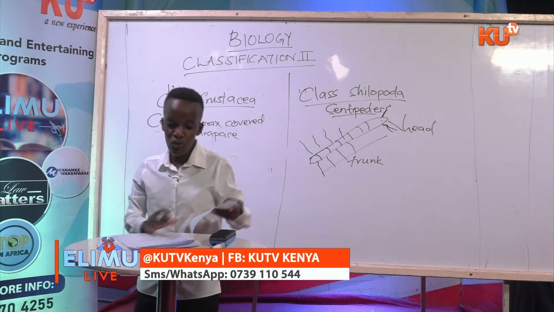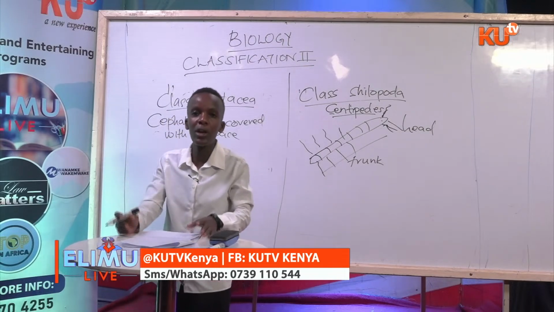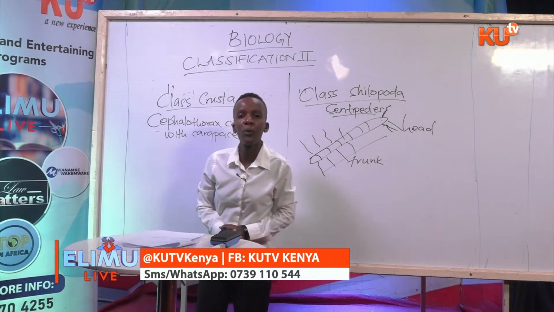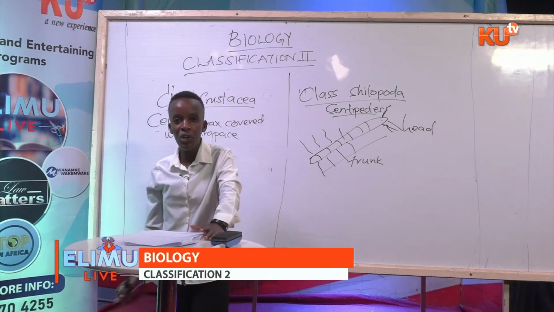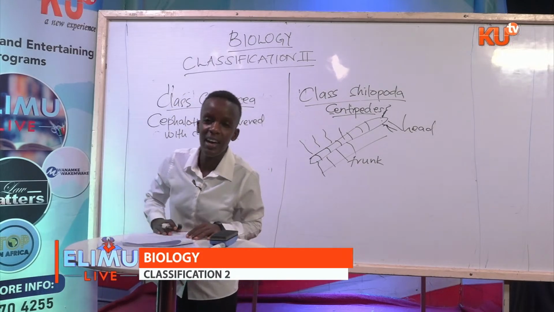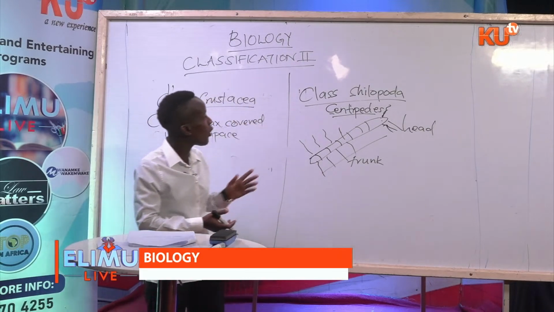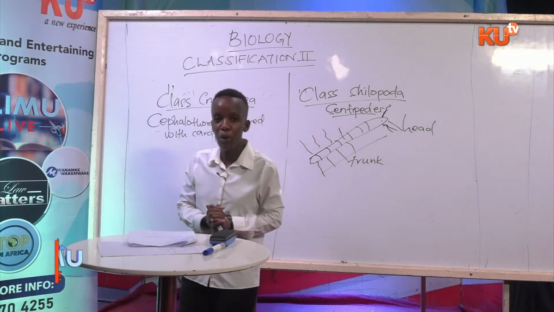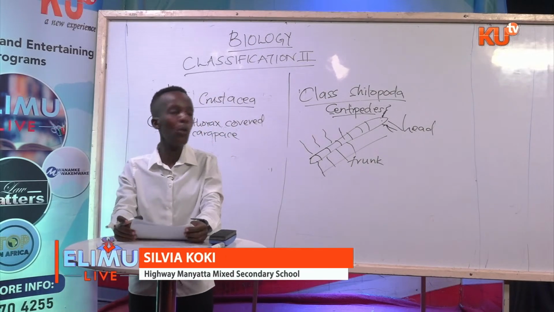Now, let's go to another key class under Phylum Arthropoda. Remember, learners, we said that we are going to look at all the classes under Phylum Arthropoda, in which we have already mentioned a couple of them, starting with class Arachnida, then class Crustacea, and class Chilopoda, and we are going forth to another class, that is class Diplopoda.